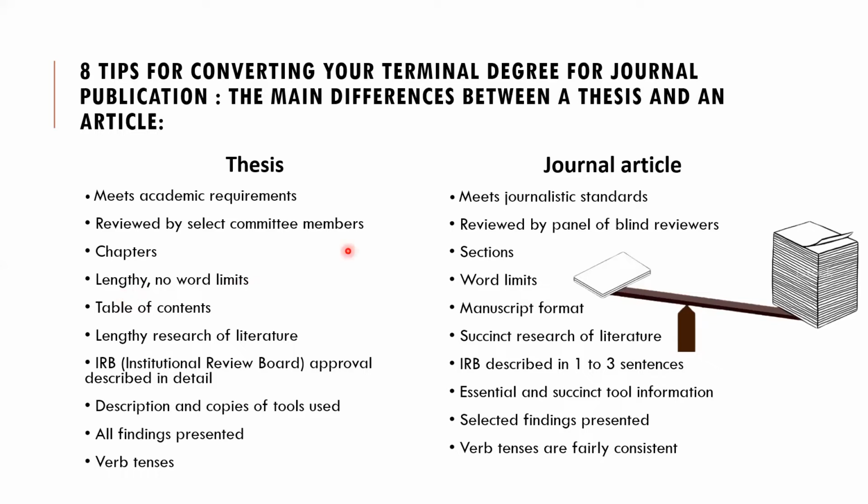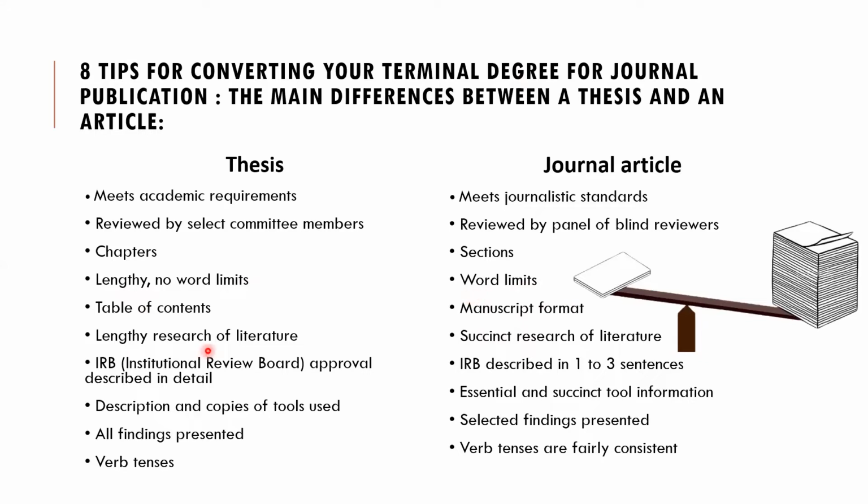But for a journal, there is a word limit. Some journals ask for 4,000 or 5,000 words, and you need to follow this. Also, in a thesis you have a table of contents, but in the journal article you have a manuscript format. You don't need a table of contents in the journal.